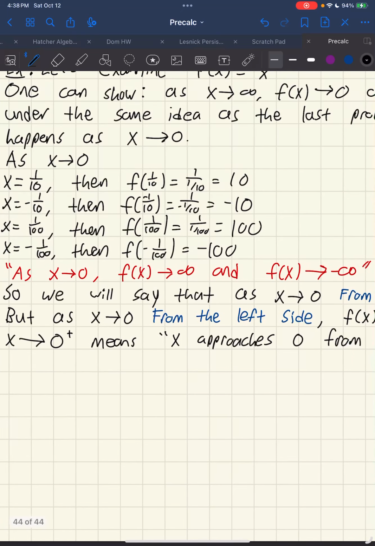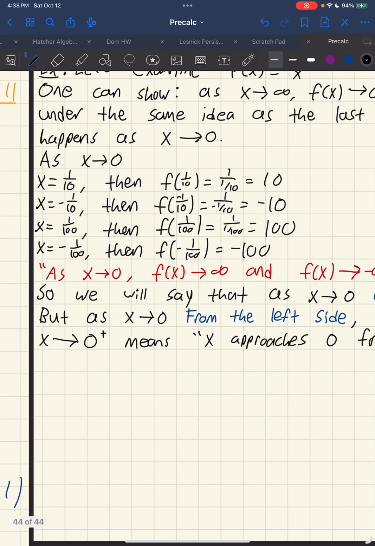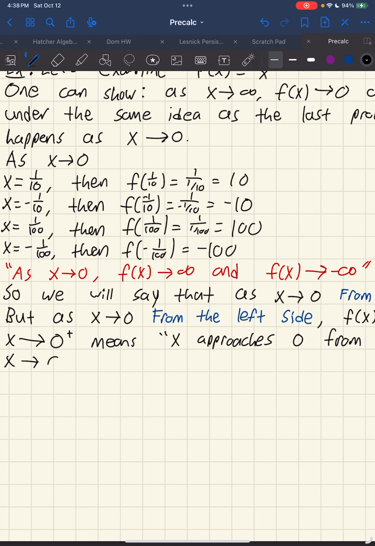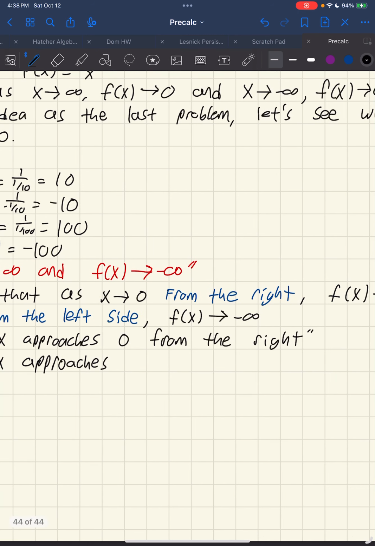And similarly, oops, close the quotes. I'm going to put a negative sign in the upper right, meaning x approaches 0 from the left.